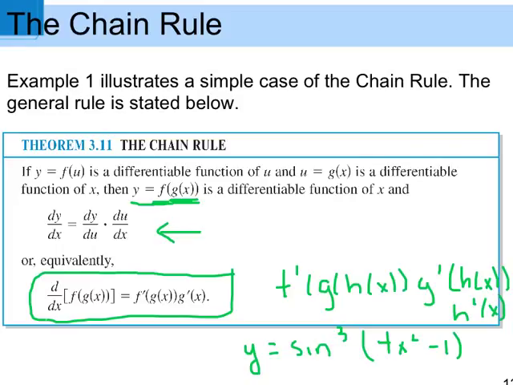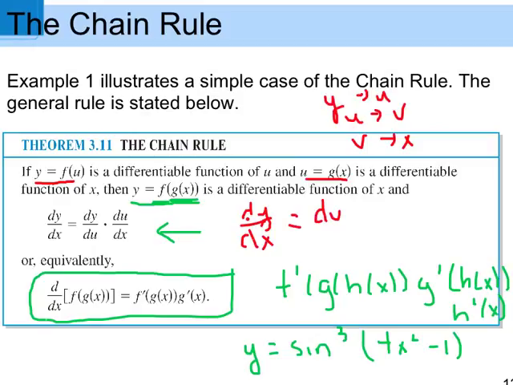Or in the notation like above here, we would be splitting this up into three things, where y is a function of u, which is a function of maybe some other variable. Y would be written in terms of u's, u would be written in terms of v's, v's would be written in terms of x, and then we would have dy/dx is going to be this derivative, dy/du, times this derivative, du/dv, times the last derivative, dv/dx.